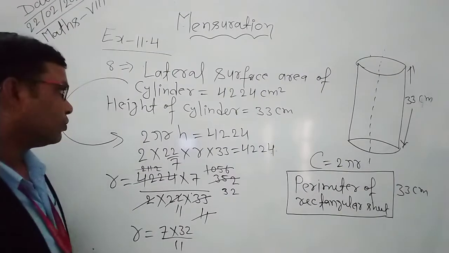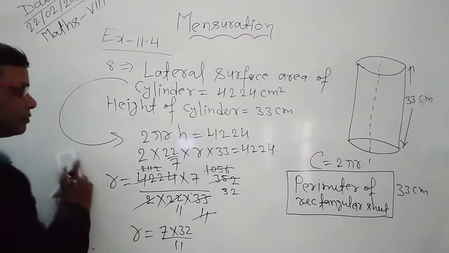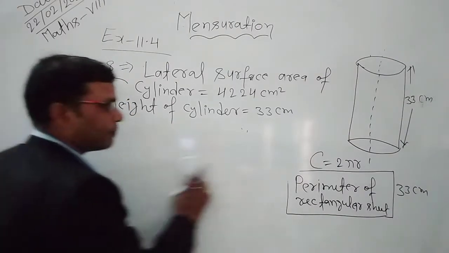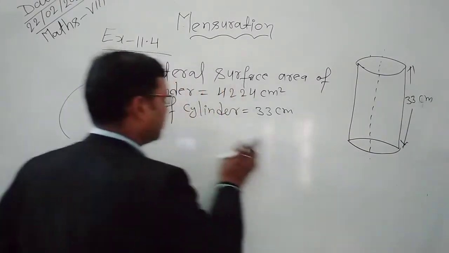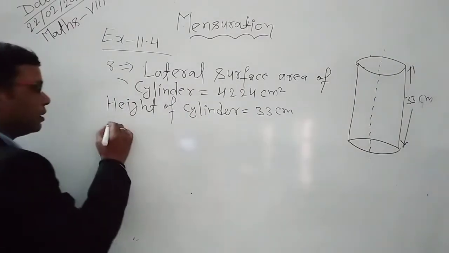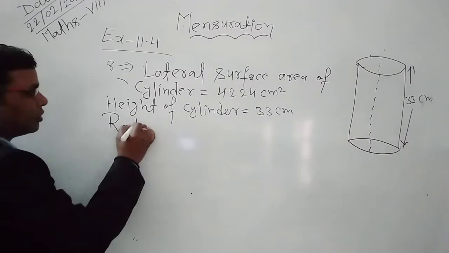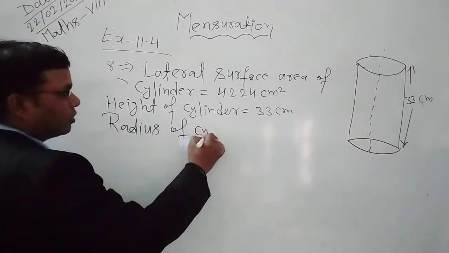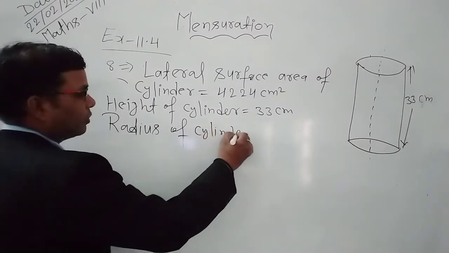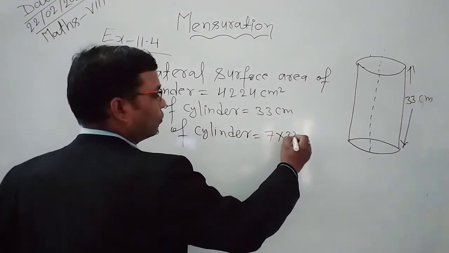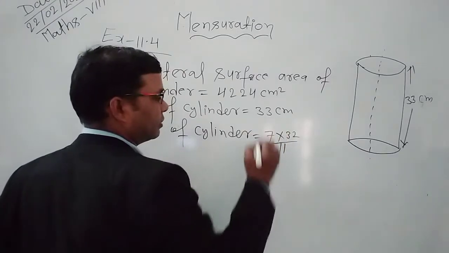So we find the radius of the cylinder. Radius of cylinder is equal to 7 into 32 by 11.